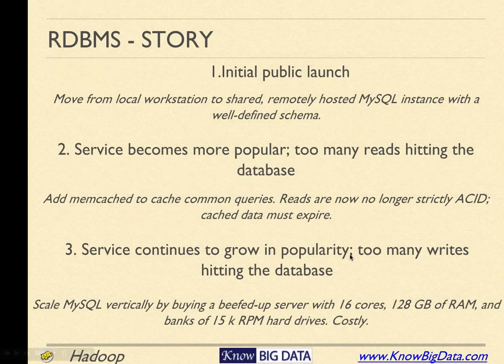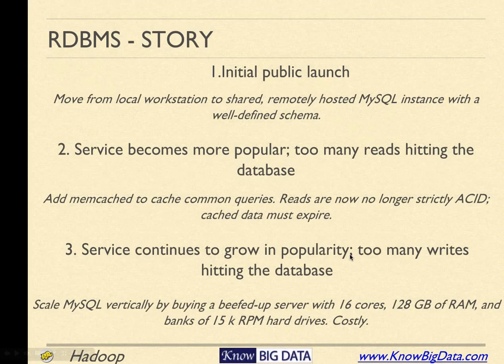Now, the day you do a public launch, the service becomes popular. People start covering it in various news, and there are too many requests coming to your server, and every request is hitting the database. So what do you do when there are lots of requests hitting the database?